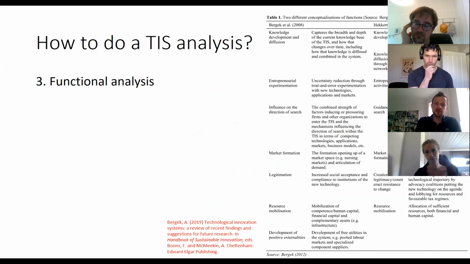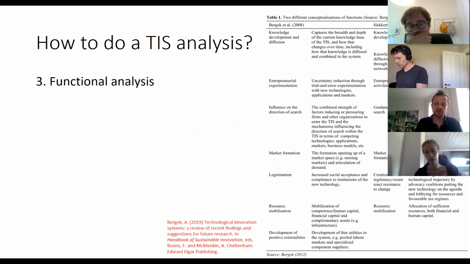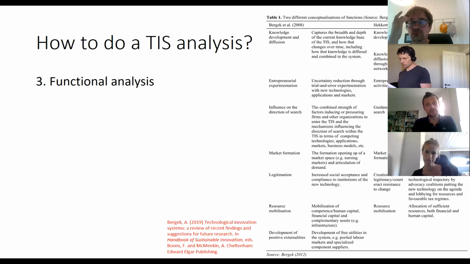However, this says actually quite little about the actual processes that happen in the technological innovation system. We can, for instance, think about a very mature technological innovation system where the actors are locked into fixed ways of thinking and well-established collaboration patterns, which basically stifles innovation. And this is where functional analysis adds to our understanding of innovation systems.